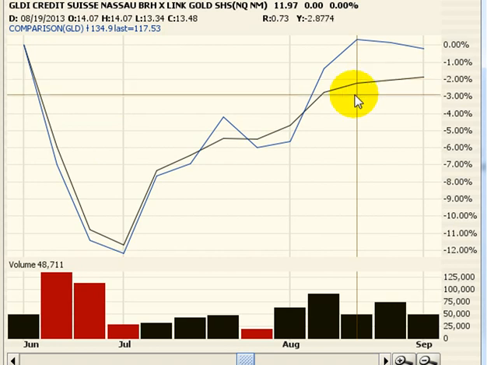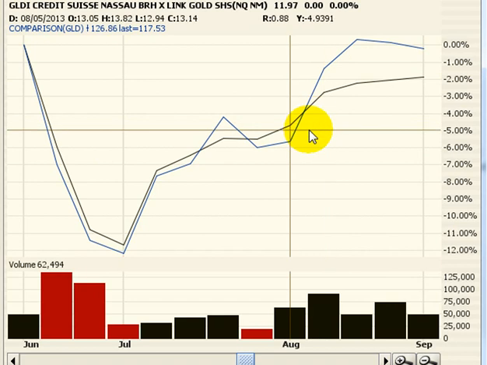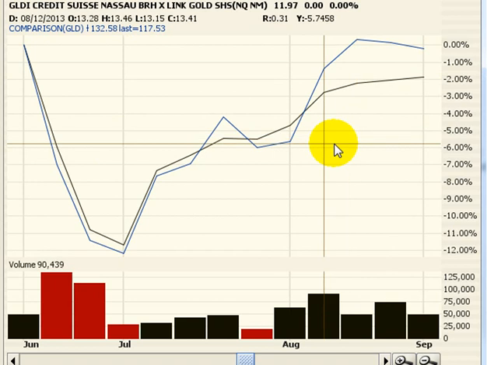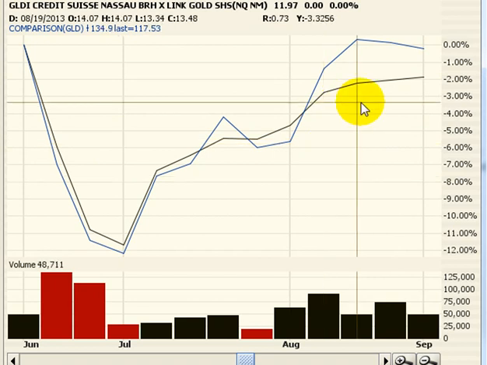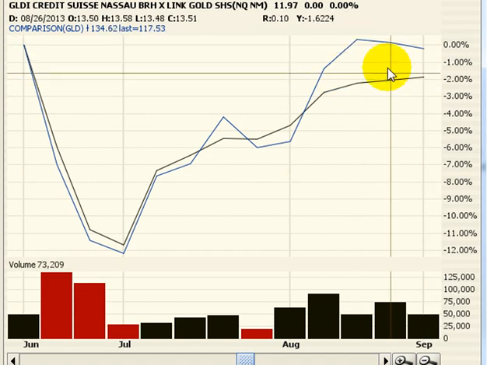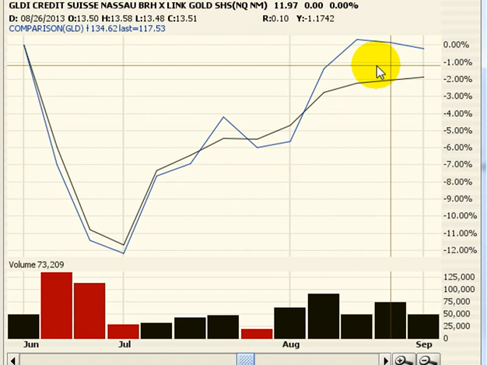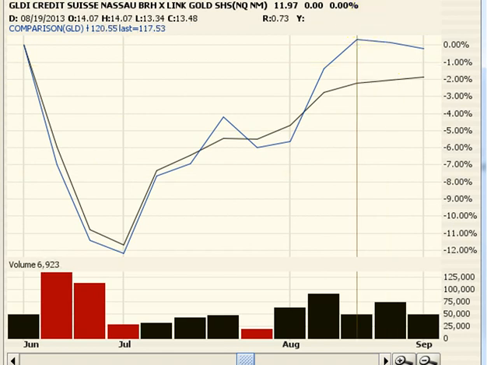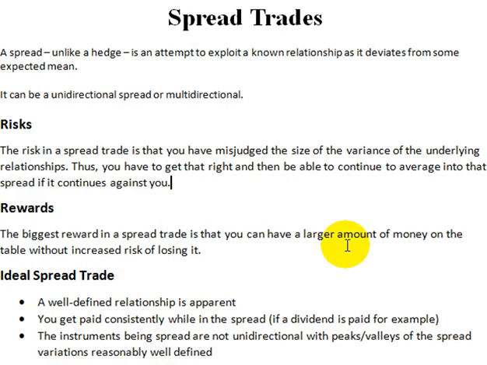So in other words, rather than taking an individual position, either long or short, where the deviation can be 10, 15, 20%, I'm not going to have as much money riding on that as I would on a spread trade. In other words, I can put two times as much, three times as much money into a spread trade because I know that relationship theoretically is only X%. And so you can get more money on the table. Why is that important?